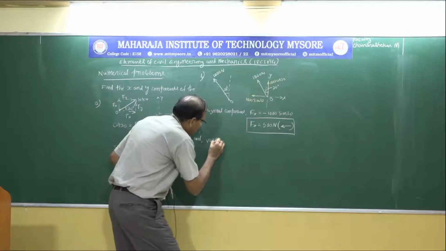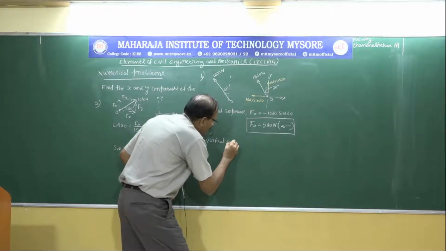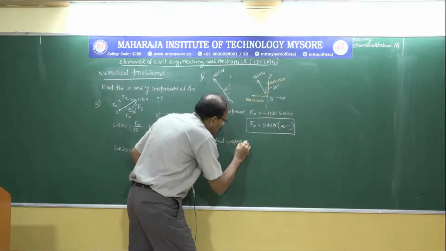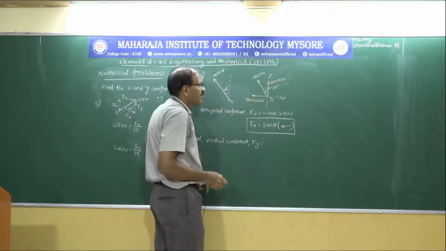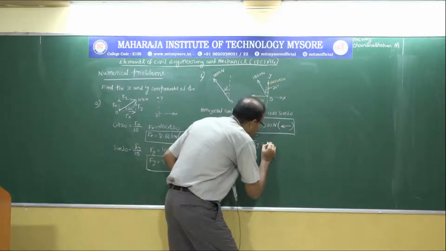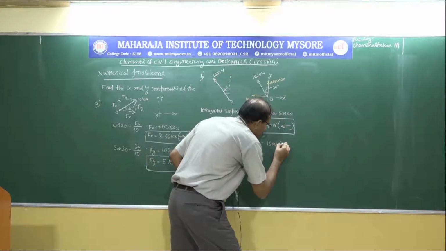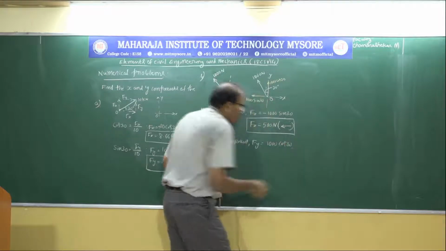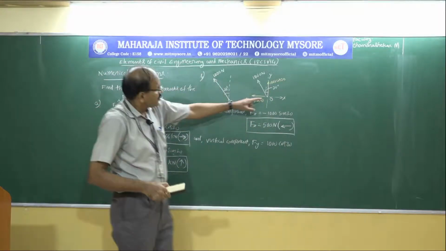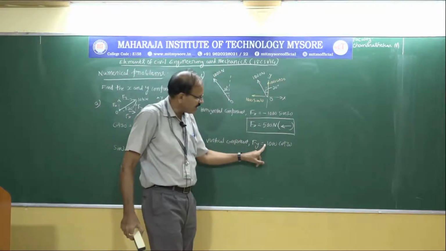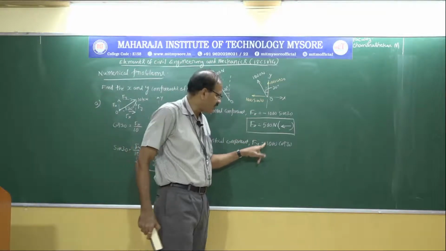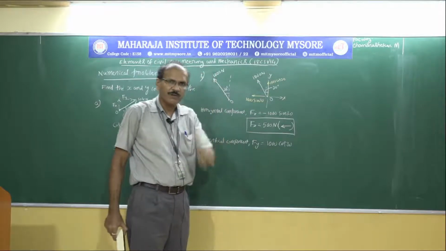And vertical component Fy equal to, this is 100 cos 30. So how is it acting? It is acting upwards. According to our sign convention, it is plus. Even if you don't write anything, by default it is plus.